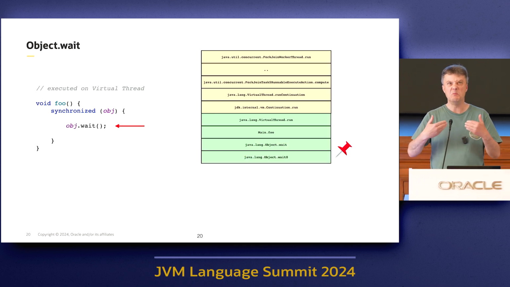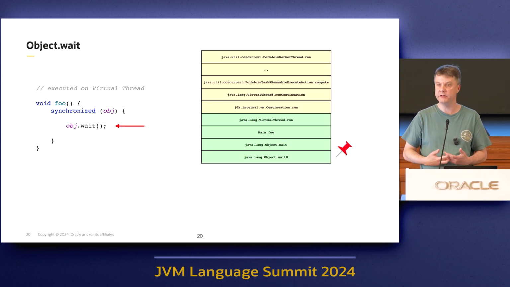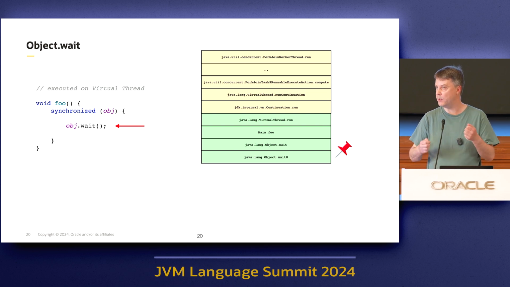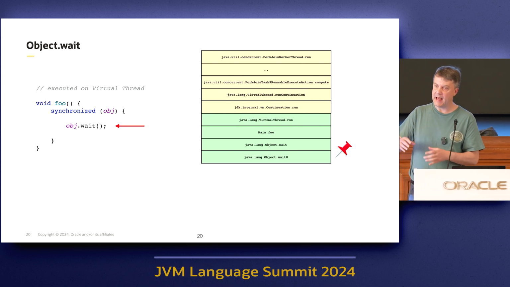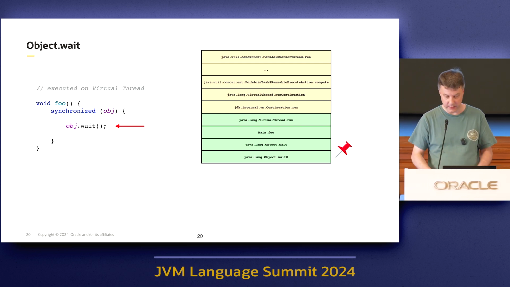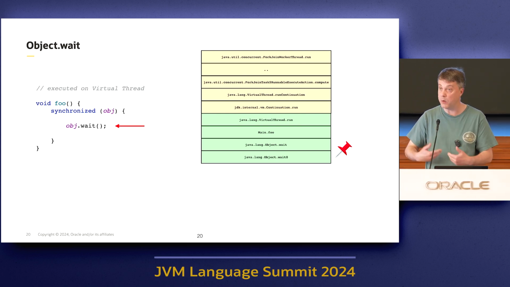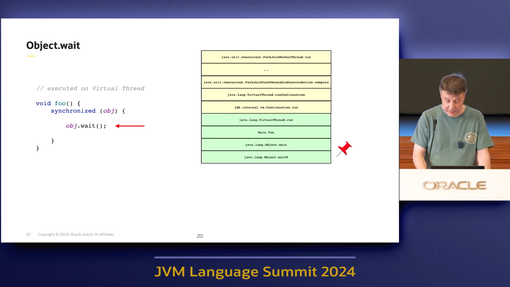Most of the scenarios we've seen over the last year tend to be of the type where people are blocking while holding a monitor. We've seen less with the contended monitor, and even less again with people using Object.wait. So these block within the VM.